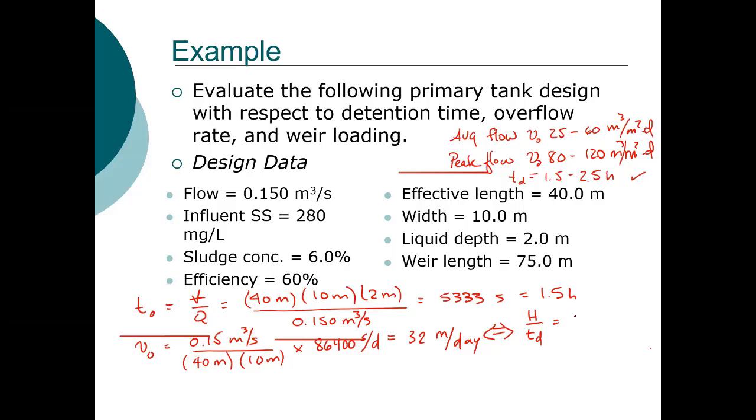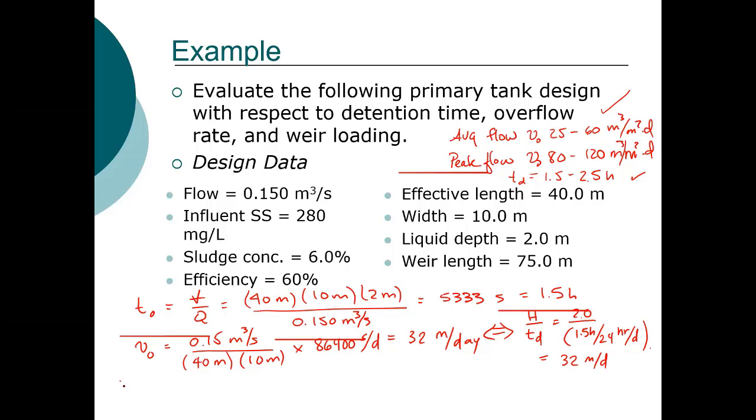That is 2.0 divided by 1.5 hours divided by 24 hours per day, and that is the same 32 meters per day. Should be, and we've just shown that that is the case. And this is right within the range for an average flow rate.